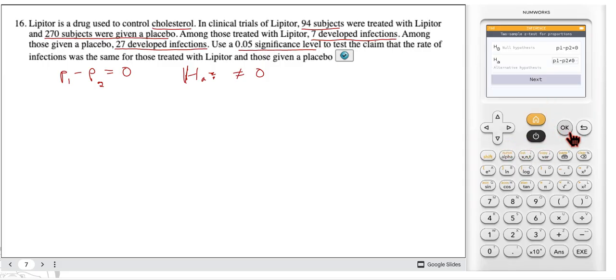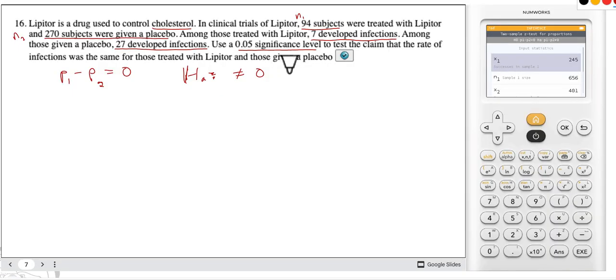Set that up, a two-tailed test. Since they gave it to us in this way, Lipitor had 94 subjects. So that's their sample size. So this is going to be n1. 270 is going to be n2.